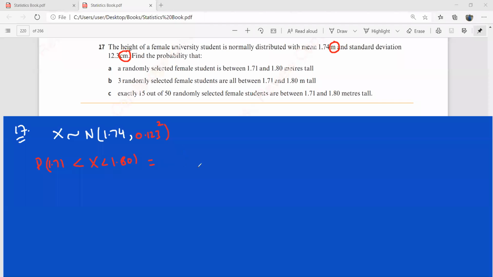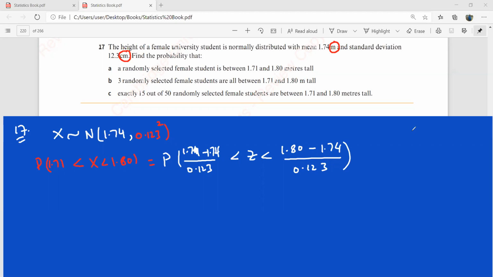So this would now be, I'll be writing it as Z is going to be between 1.71 minus 1.74 over this 0.123. And this one is going to be 1.80 minus 1.74 over this 0.123. Because we're using this formula, Z is X minus mu over the standard deviation.